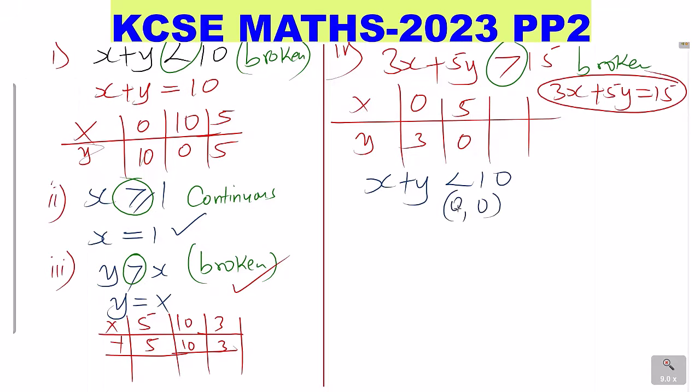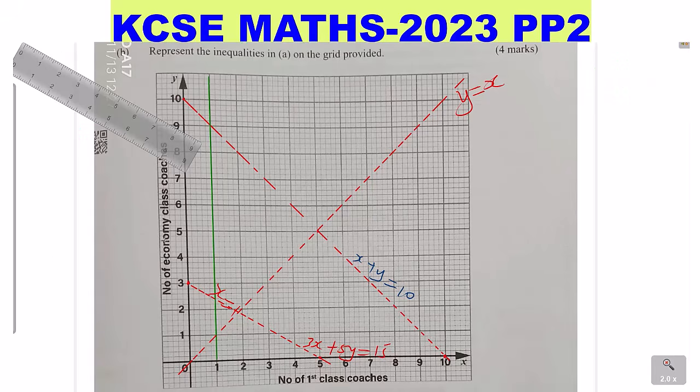Then substitute the value of x, which is 0, and y, which is 0, in that inequality and see whether it satisfies. So when you substitute, you get 0 is less than 10, and this is true. So the side where we've picked that point satisfies the inequality.